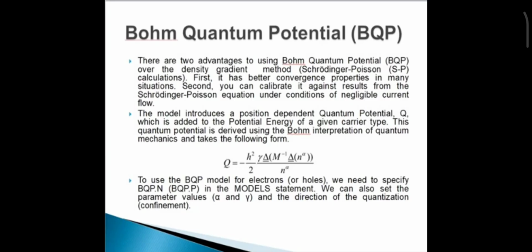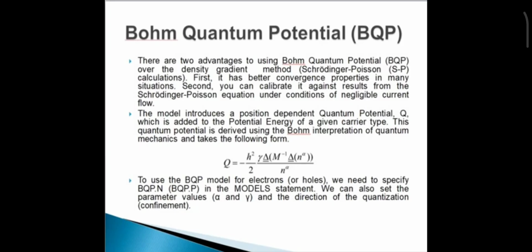There are two advantages of using Bohm quantum potential model over the density gradient method, or we can say the Schrödinger Poisson equation. One of the advantages is it has better convergence property in any situation. And second advantage is you can calibrate it against results from Schrödinger Poisson equation under condition of negligible current flow.